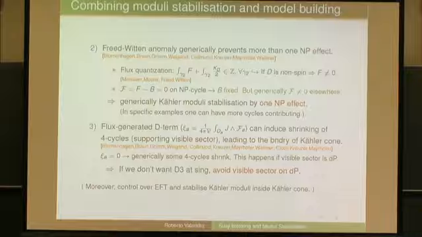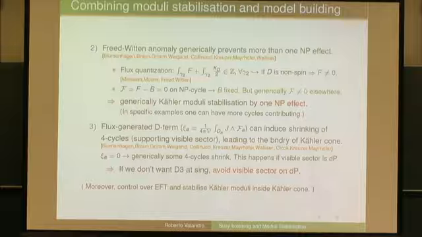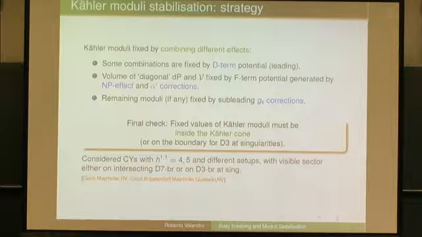In general, it will stabilize some combination of the Kähler moduli, but in particular, if this divisor is a del Pezzo, what this minimization implies is actually that this divisor shrinks. So you see that the volume of the divisor is stabilized to be 0. And so if you want to avoid the visible sector, so if you don't want to consider the D3 brane at singularity, it's better to avoid a visible sector on a del Pezzo divisor.